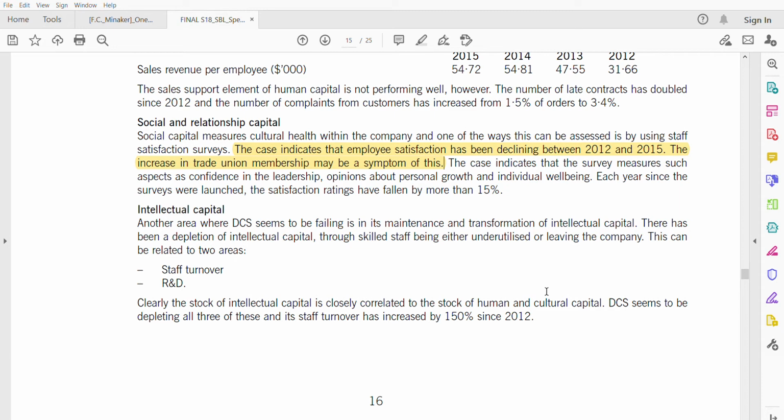They have said that employee satisfaction declined, and they have found a symptom: the increase in trade union membership. When your employees are not satisfied, then the trade union comes into the picture to promote their views so that they get sufficient rights.